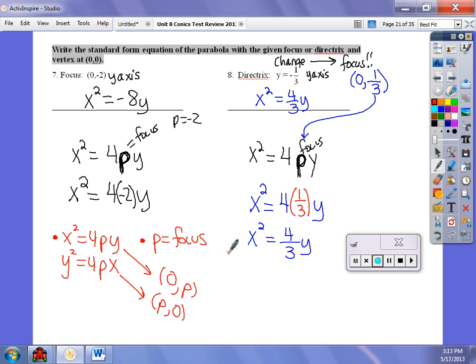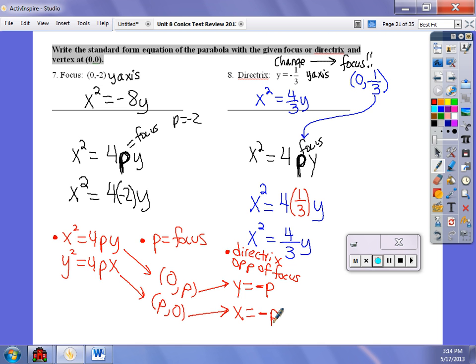The other thing you have to remember is the directrix is going to be the opposite of the focus. So for this equation, the directrix is on the y-axis, so it would be y equals the opposite. That negative means opposite. It doesn't always mean that it's negative. And here it would be x equals the opposite of p.